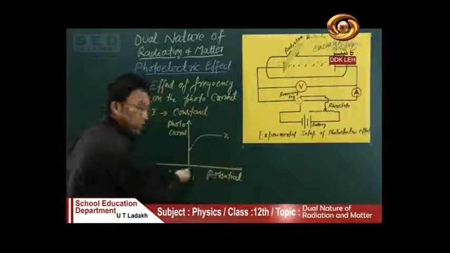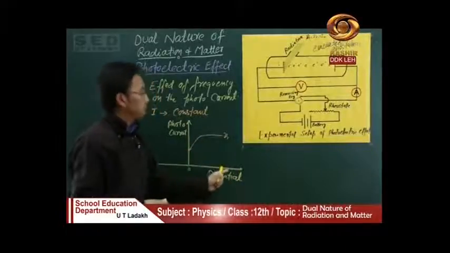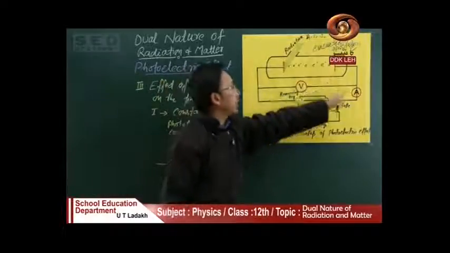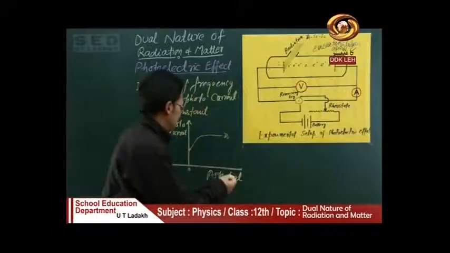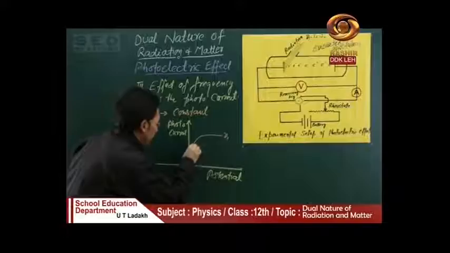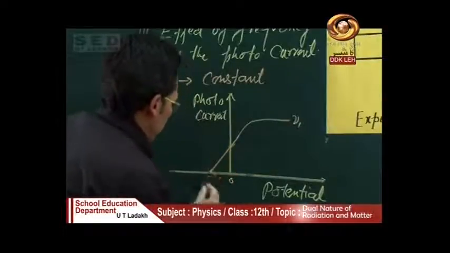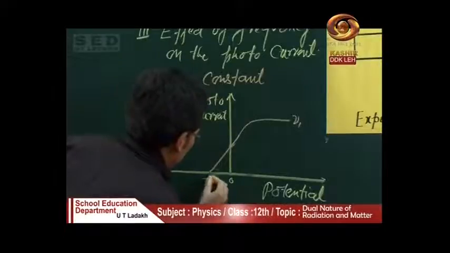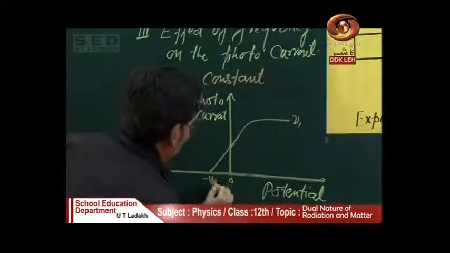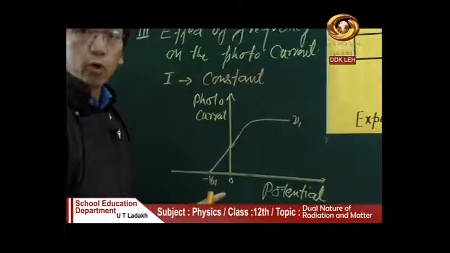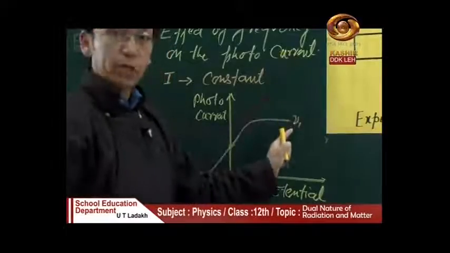If I decrease the potential of plate A, the current in the emitter will decrease, and it becomes 0 at a particular potential. We say this one is minus V01. This is for the first frequency.